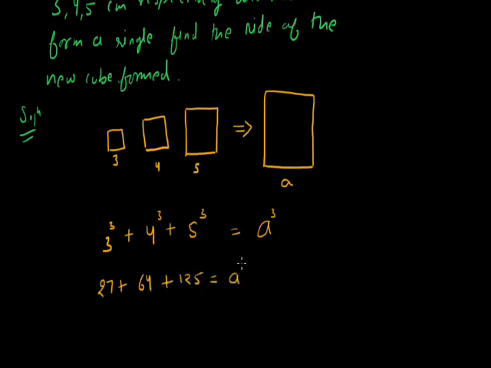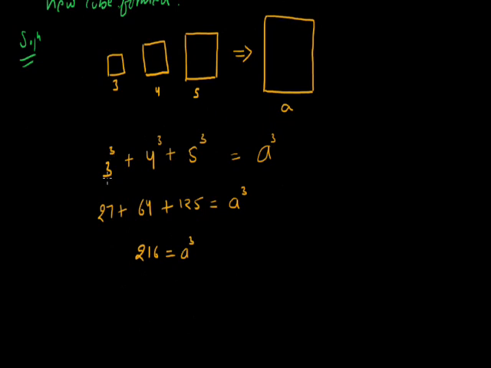That should be equal to A cube. Now 27 plus 64 plus 125, what we are getting? 216, A cube. And we know that the cube of 6 is 216. So the value of A is 6. Or we can say the side of the new cube is 6 centimeter. So this is our answer.